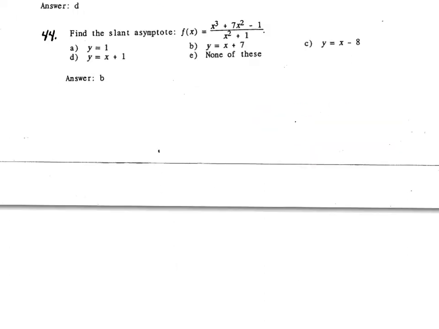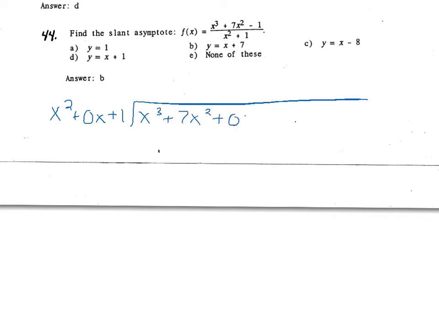In problem 44, we want to find the slant asymptote. So I'm going to need to do polynomial long division. So I'm going to put x squared plus 0x plus 1 on the outside, and x cubed plus 7x squared plus 0x minus 1 on the inside. So in order to get an x cubed, I'm going to need to multiply by an x.